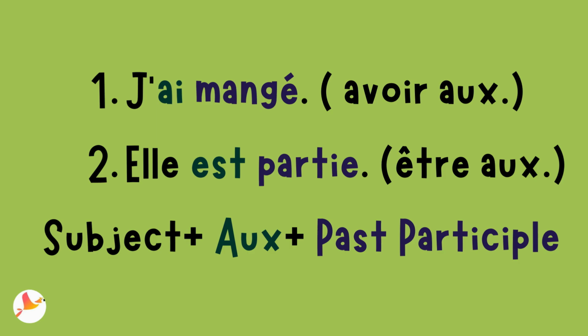Number 2, we have an être auxiliary that is correctly conjugated in the present tense in alignment with the subject. Lastly, we have the past participle of the main verbs. Mangé, from manger, to eat, and parti, from the verb partir, to leave.